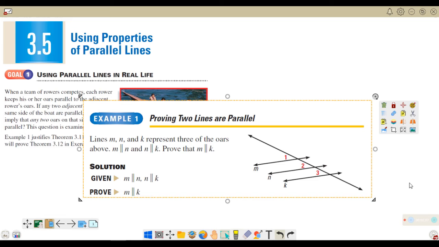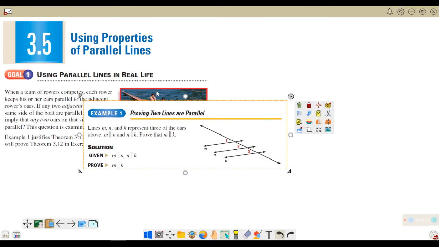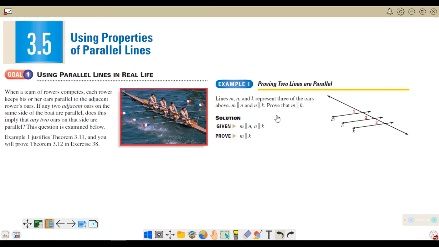Okay. So we have example 1, proving two lines are parallel. Let's compare them side by side.